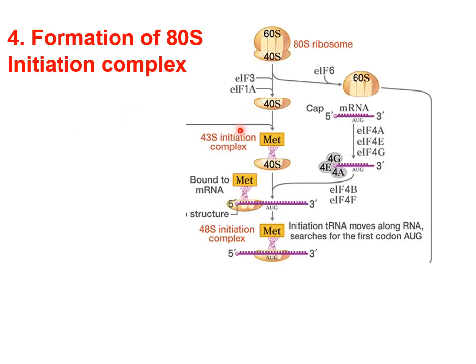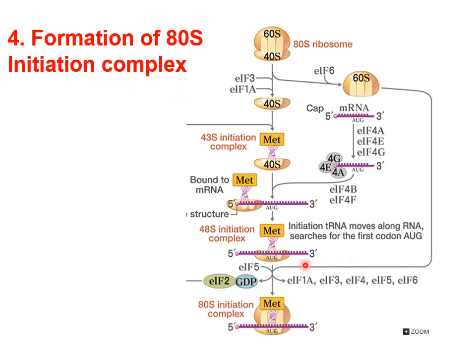From the previous step, that is the formation of the 48S initiation complex, the attachment of the tRNA with the methionine along with the ribosome is complete. Now the initiation process gets completed when the 60S ribosomal subunit associates with this complex to form the 80S initiation complex.